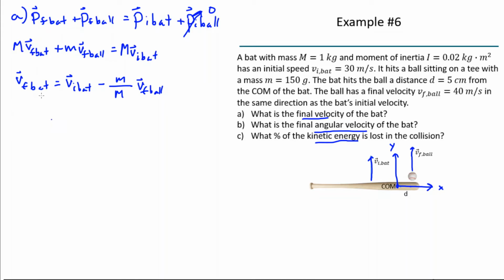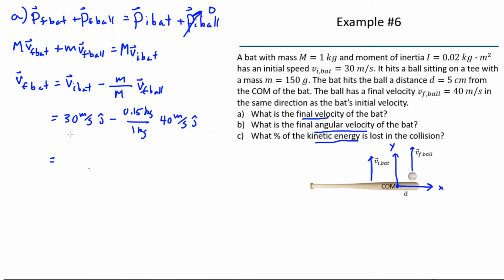Okay, so if I plug my numbers into this, v initial bat, well, the bat is moving in the y direction with an initial speed of 30 meters per second, so this is going to be 30 meters per second j hat, minus the mass of the ball, 0.15 kilograms, over the mass of the bat, 1 kilogram, times the final velocity of the ball, 40 meters per second j hat.